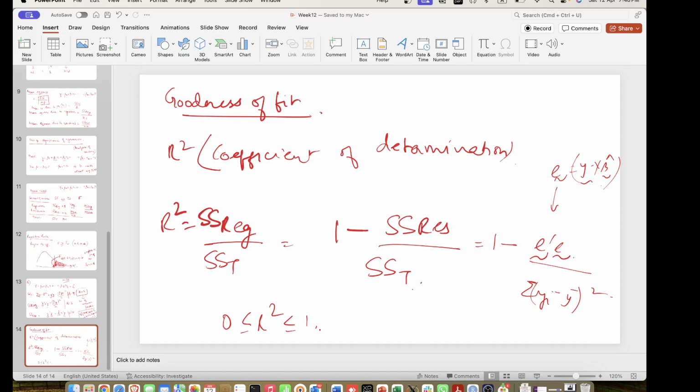Alright, so this is measuring the explanatory power of the model, and in that way it is reflecting the goodness of fit of the model.